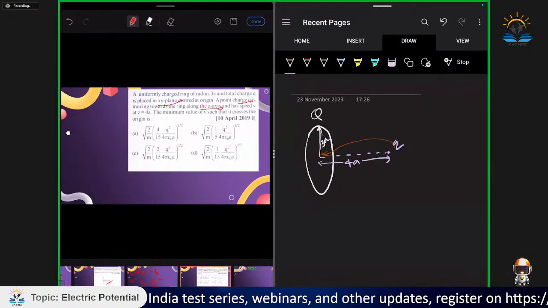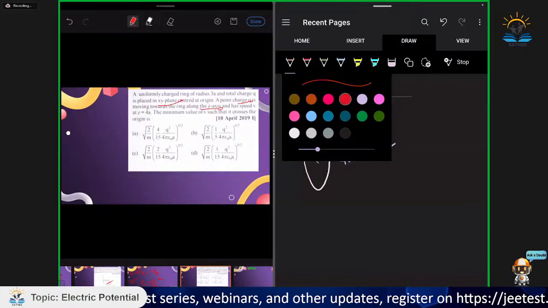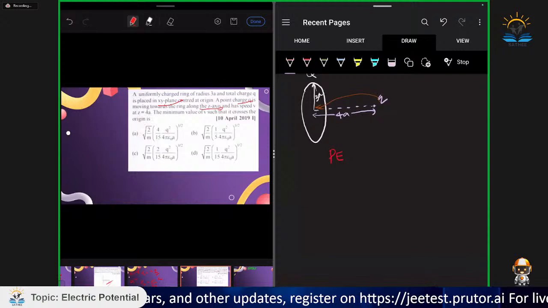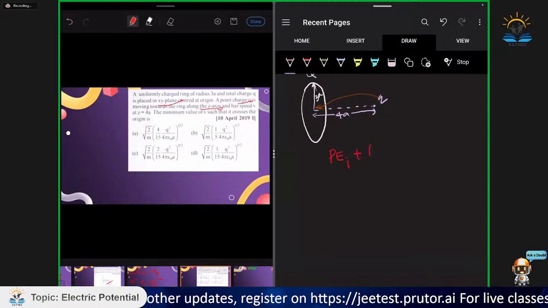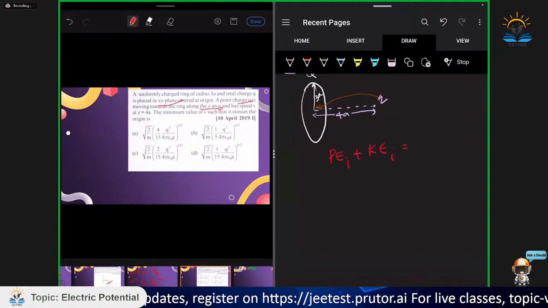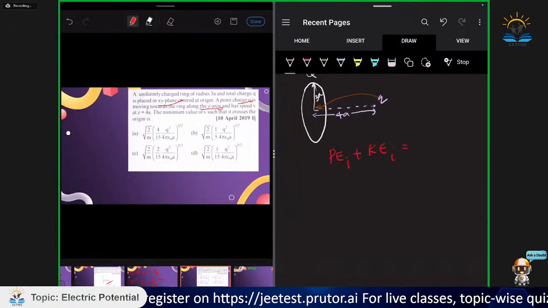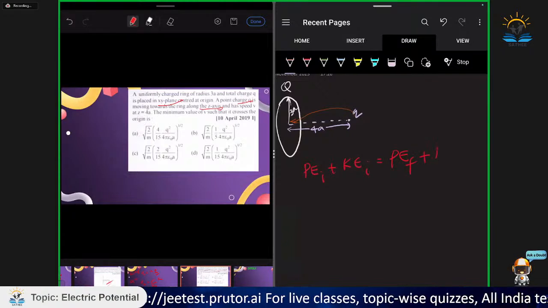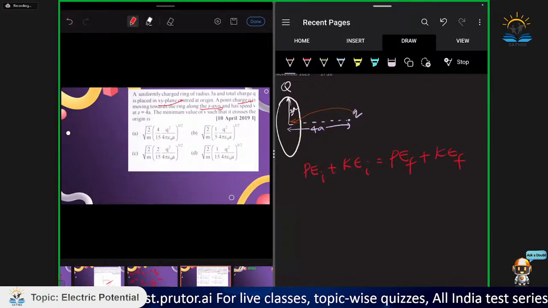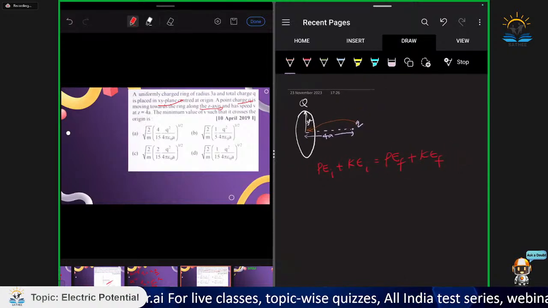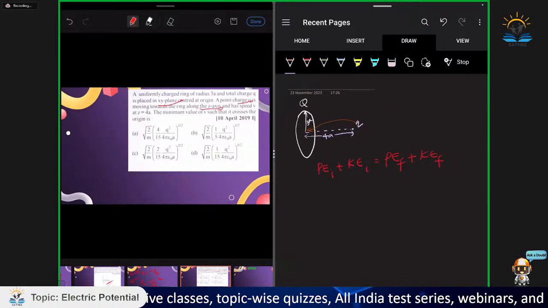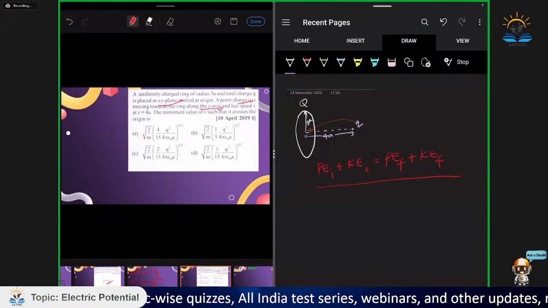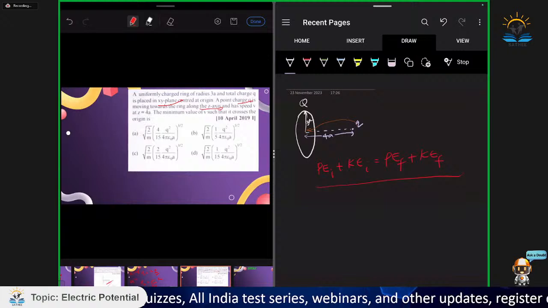That's all. Simple. From work energy we know that potential energy initial plus kinetic energy initial is equal to potential energy final plus kinetic energy final. We know this, right? Simply we can use this formula. What is the potential energy at the initial position?